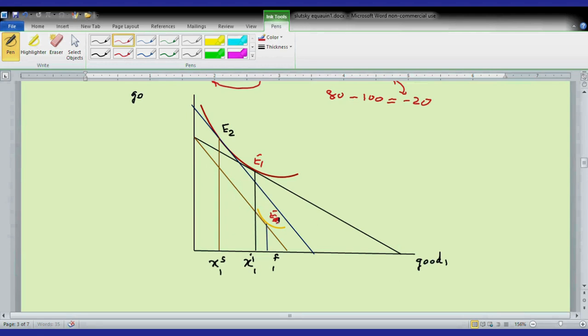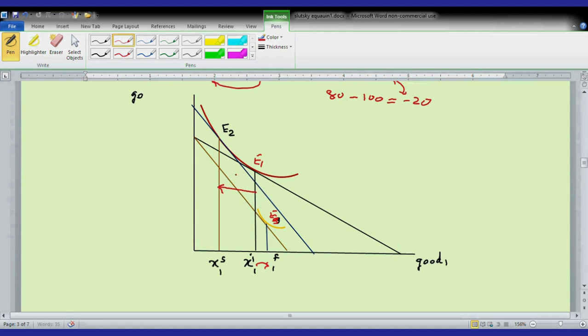At point E3, we observe that the consumption of good 1 has increased from X1i to X1f, and this is like saying that the good is a little bit very inferior. See that the substitution effect, which is associated with point E2, indicates that the consumption of the good of which the price has increased will be decreasing after compensation.